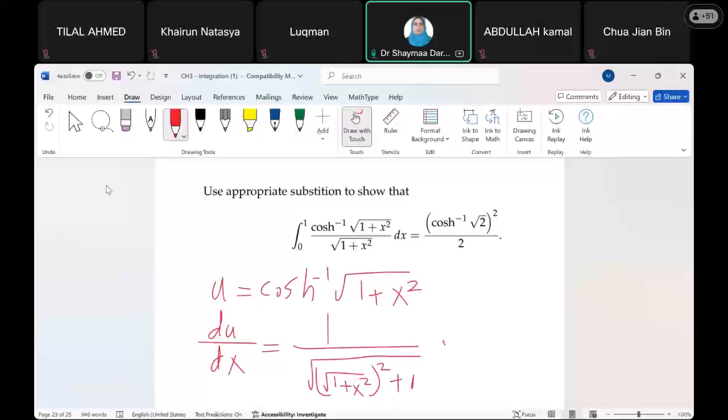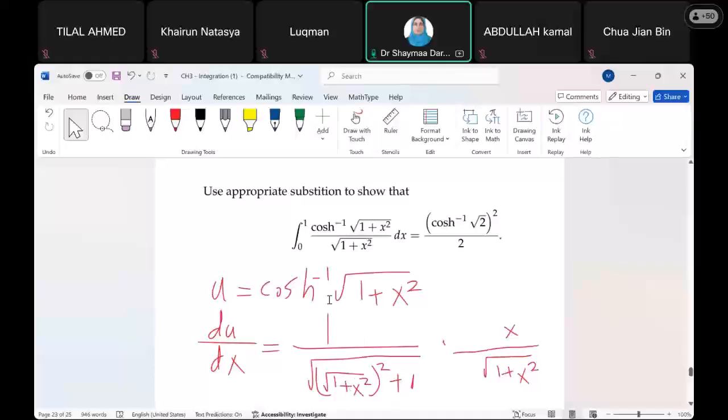So this equals 1 over 2 square root 1 plus x squared times 2x. The 2 with 2 cancels, so x over square root. How to find the derivative here? This is chain rule. The derivative of cosh inverse first, 1 over square root of x squared minus 1.